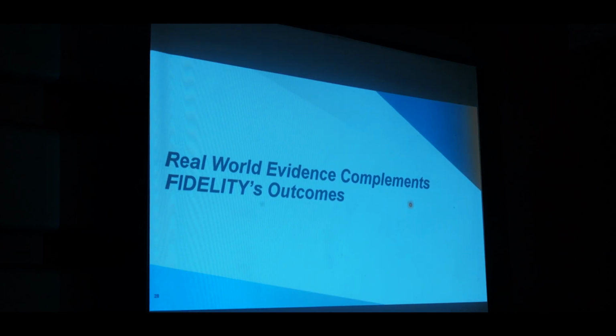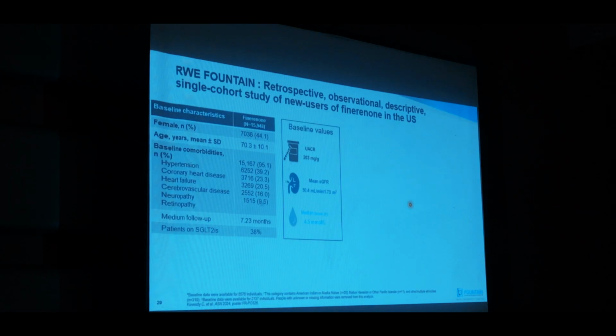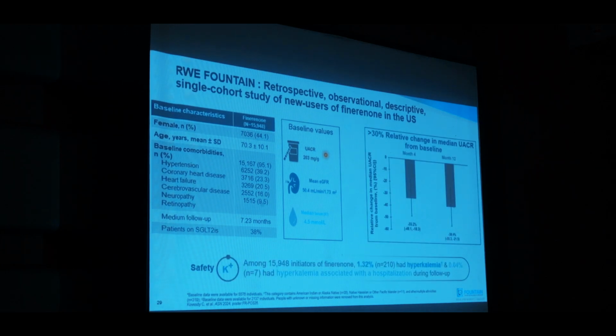These were all the trials, FIGARO and FIDELITY outcomes. Now there is also real world evidence, as this molecule has been used in the US in a lot of patients, and this data is from the US, where they looked at similar patient profiles as FIGARO. They found more than 30% reduction in UACR.